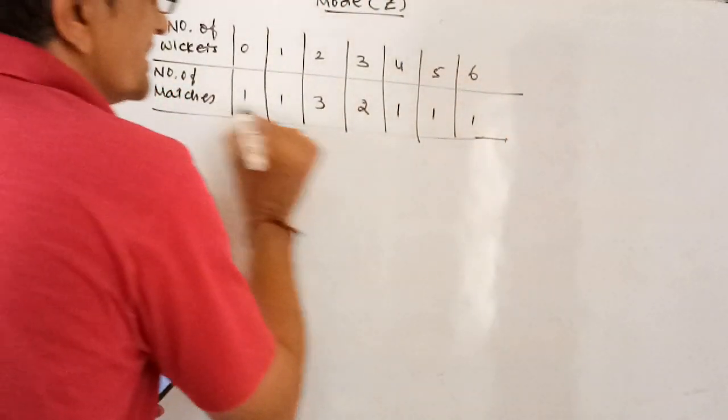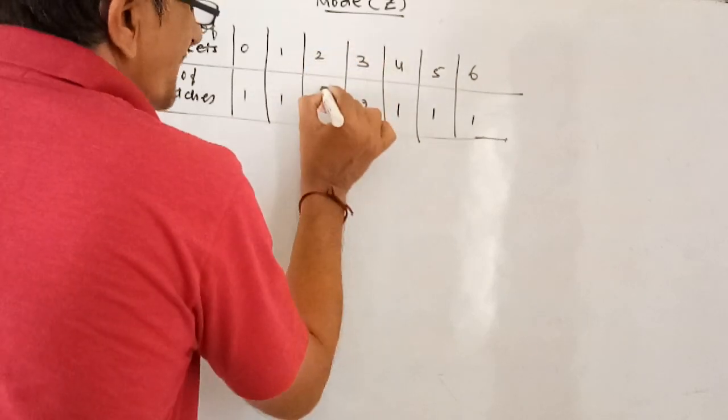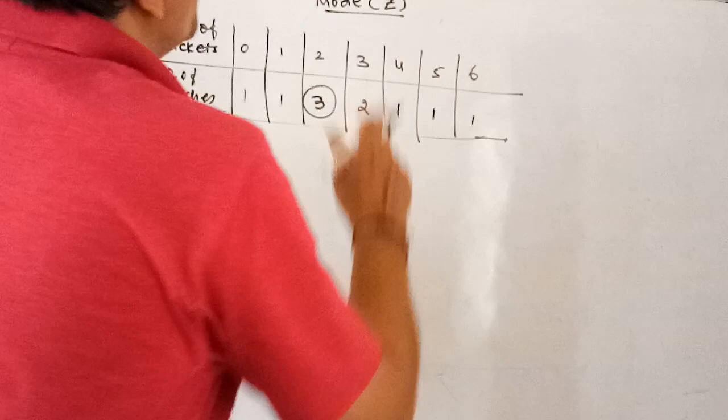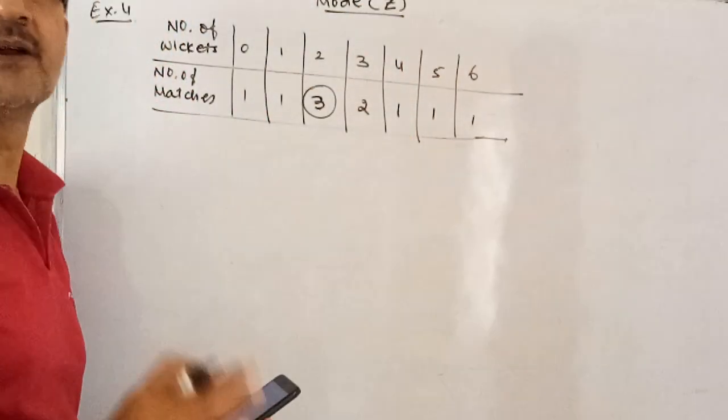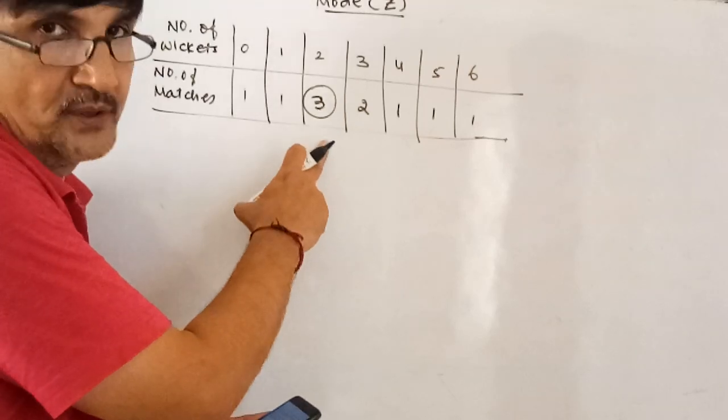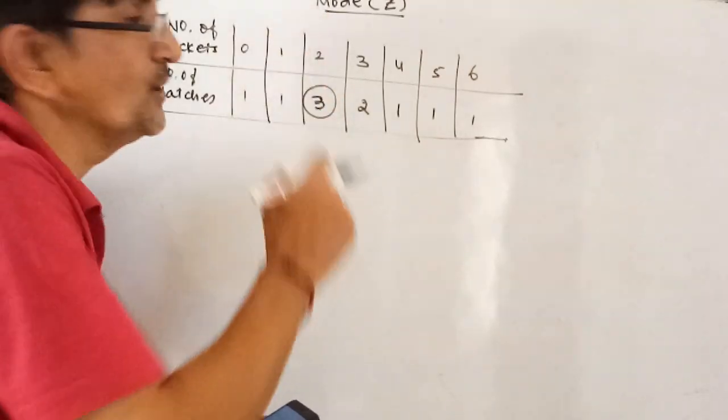Now here we can say this is a frequency. So highest frequency is 3. Okay, so whenever you have to find out a mode of an ungrouped data, then you have to select the highest frequency, and that will be your mode.